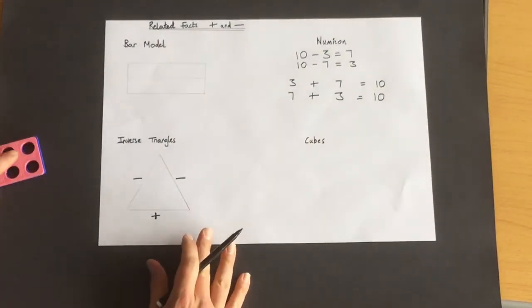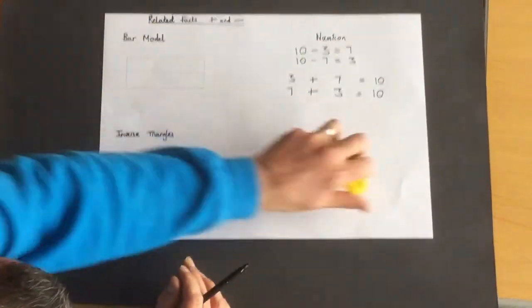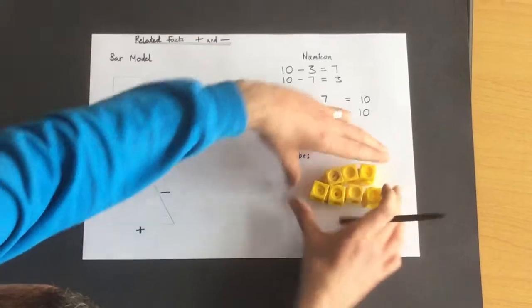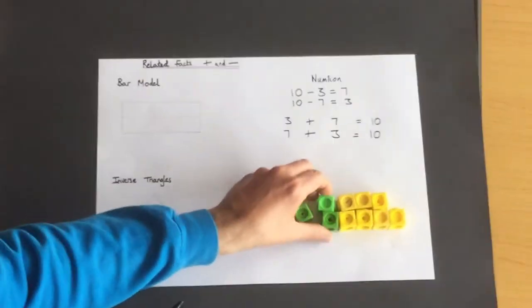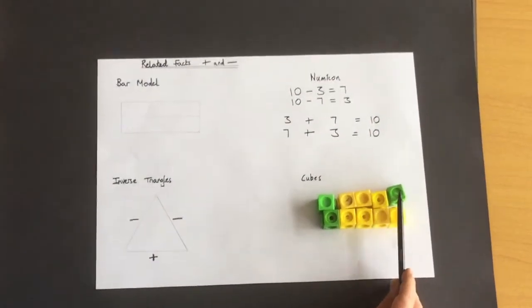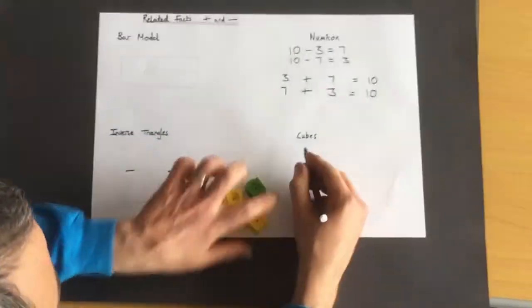Now we can show that with some cubes as well. So here I've got my 7 yellow cubes there, and I've got 3 cubes there in green. I'm just going to put them together to make 2, 4, 6, 8, 10. So again, I can write that in the same way.